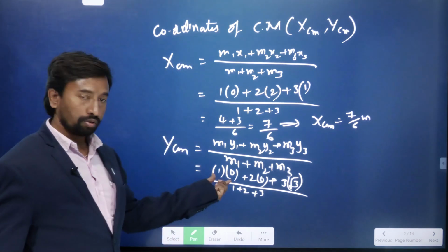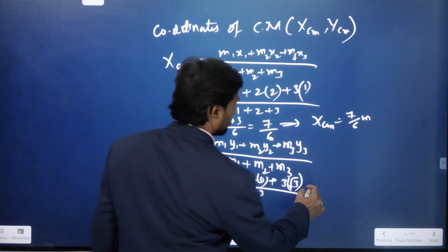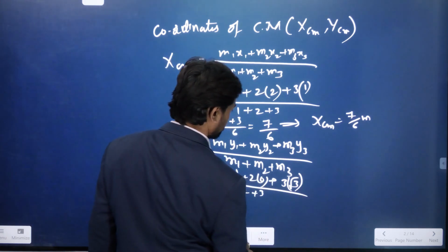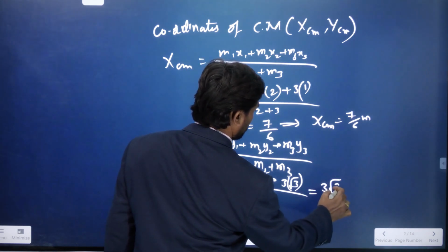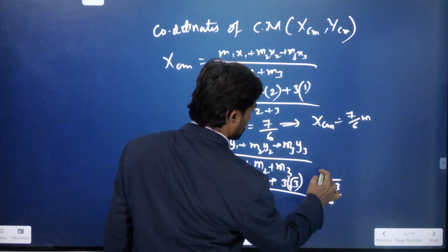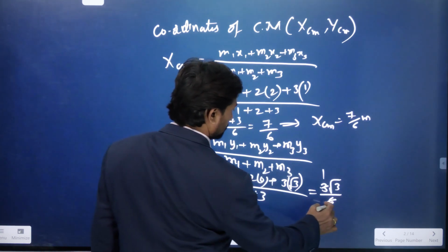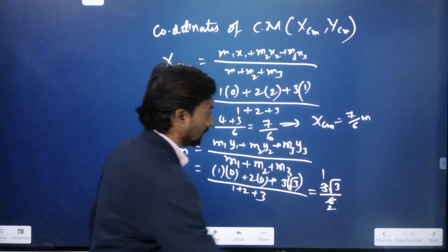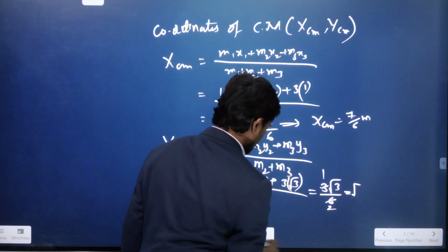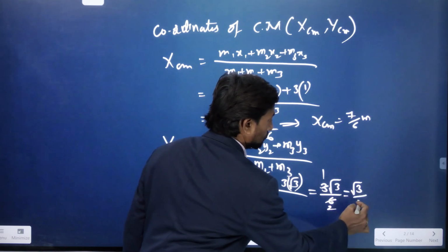See, here these two will become 0, this value and this value. Only the remaining is here. The remaining is 3 into root 3 divided by 6. So we will get the value root 3 by 2 meters.